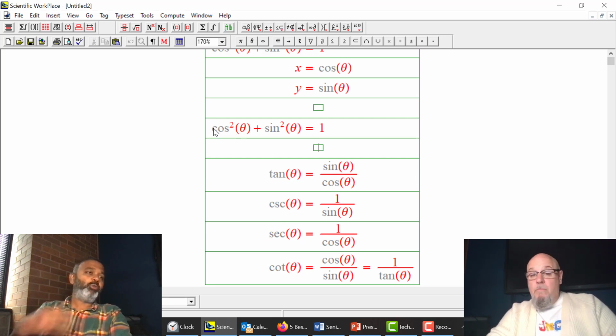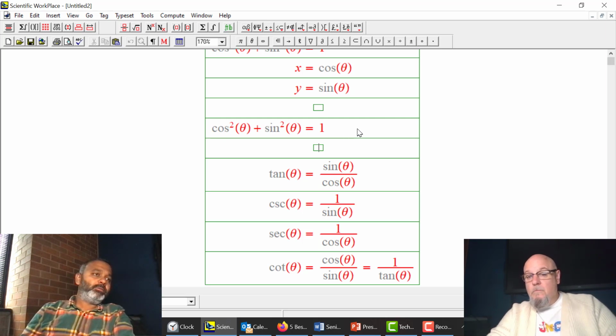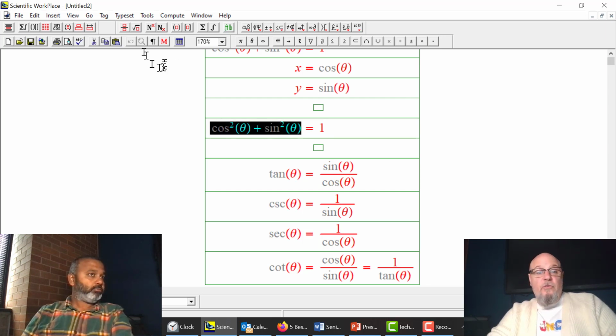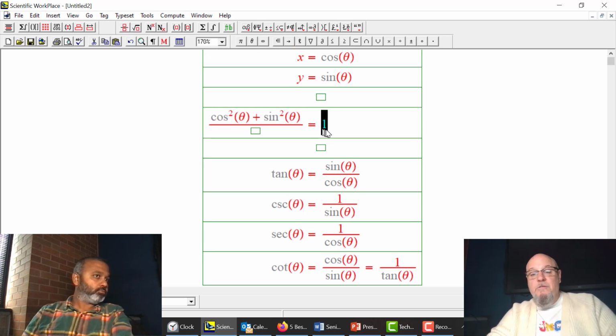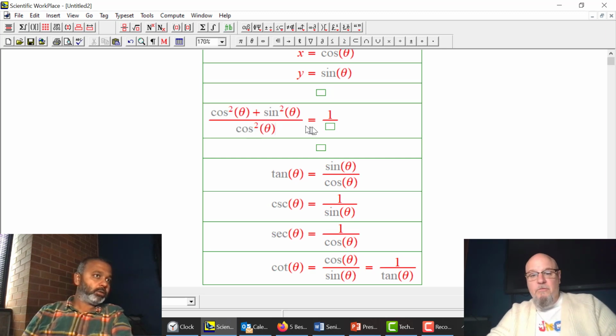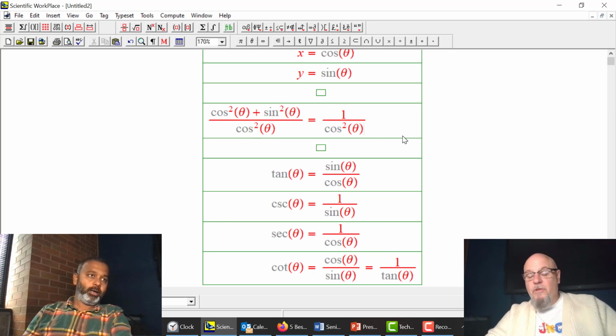We can divide both sides by the same function, so what if we divide both sides by cosine squared theta, because we have a cosine squared theta on the left side there? So we're dividing everything by cos squared. I'm typing this down so that I have written what you said: divide both sides of the equation by cos squared.